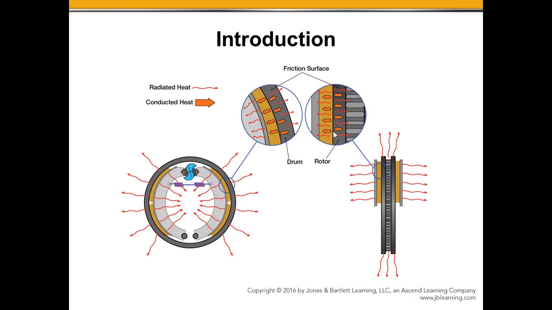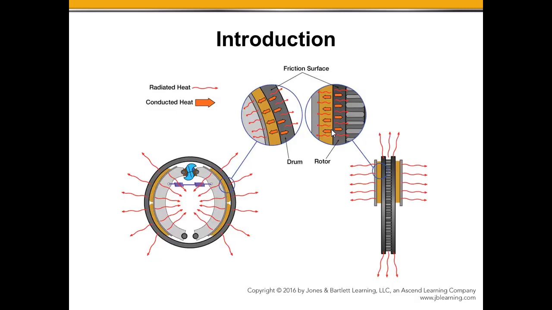So it is that friction that we create by forcing the brake pad into the spinning drum or the spinning rotor that creates heat. We've converted that energy of motion into heat, and now we dissipate it out into the atmosphere.